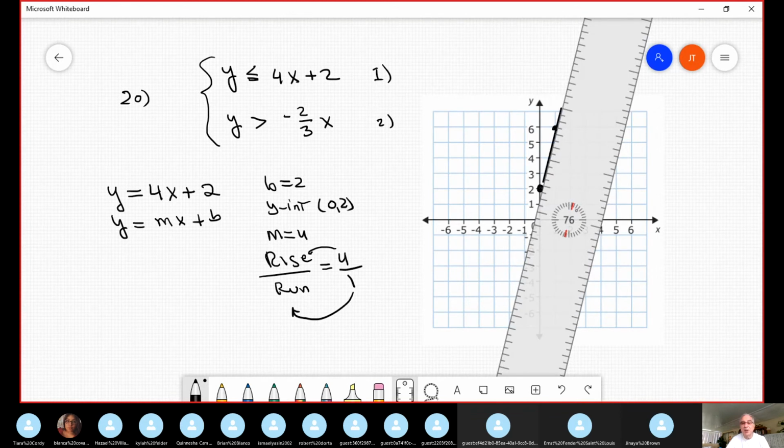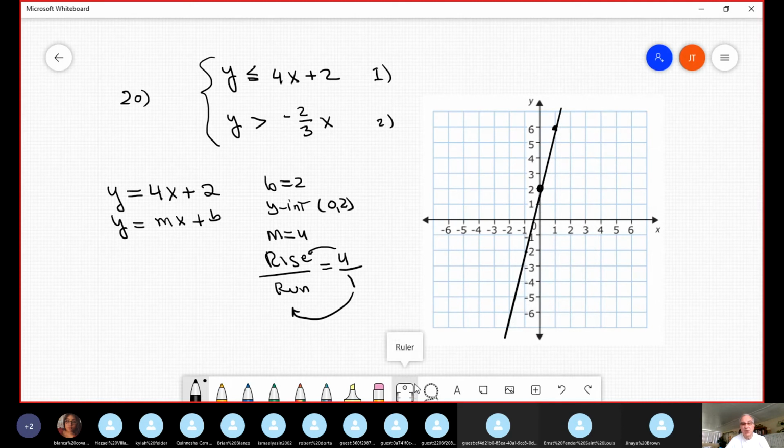So this line allows me to split the plane in two semi-planes. Okay, so what part do I shade? Do I shade below or above the line? Above. That part.